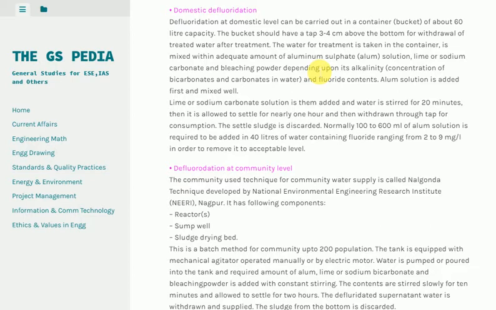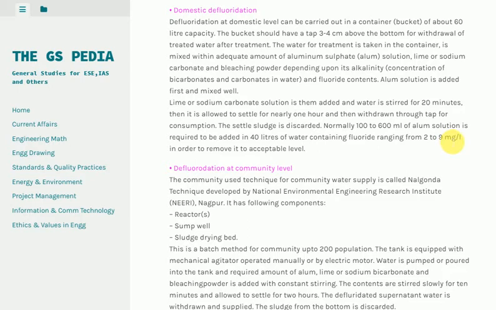The water for treatment is taken in the container and mixed with an adequate amount of aluminum sulfate (alum) solution, lime or sodium carbonate and bleaching powder, depending upon its alkalinity, concentration of bicarbonates and carbonates in water, and fluoride contents.